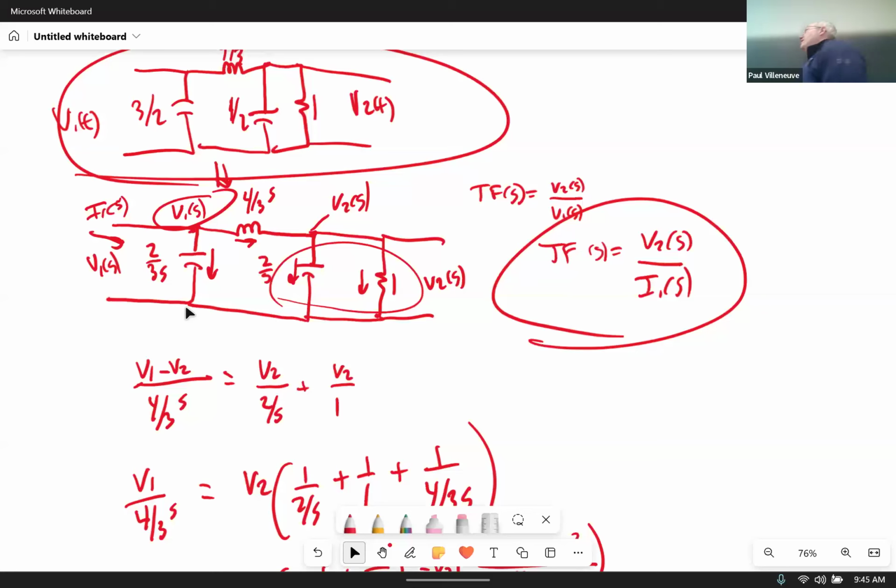I don't want V1 anymore. I want I1. So do the transfer function. I'll give you a hint. It's easier if you do nodal analysis.